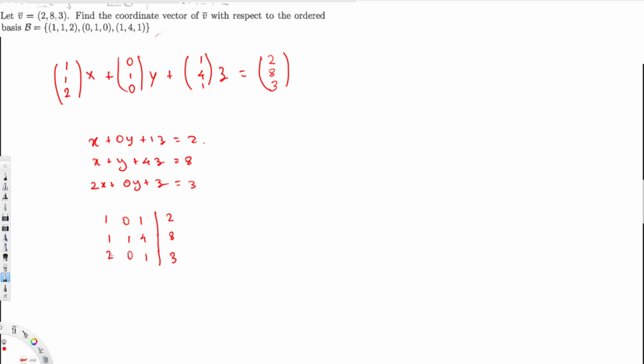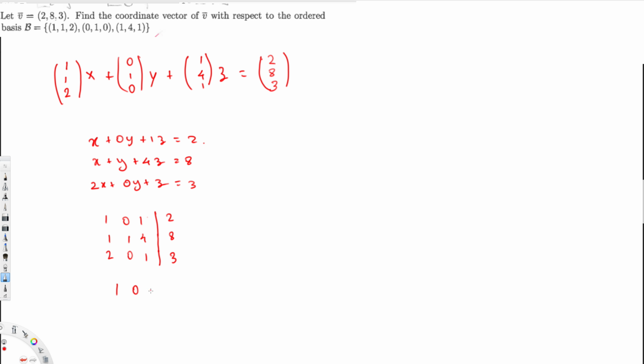So first of all, to do the Gauss-Jordan, I have to make all the values above and below the pivot equal to 0. In this case, we have 2 right here. To eliminate this one, I can multiply the first equation by -2 and add it to the third equation.